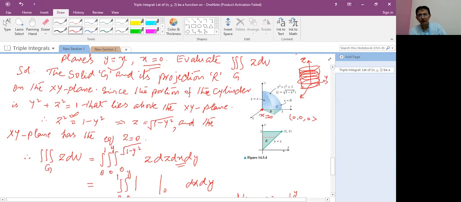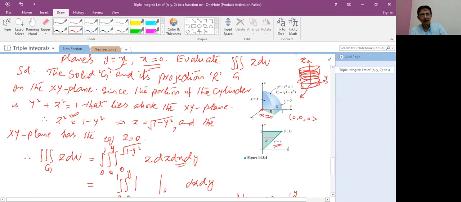So we will consider when x and y are both 1, 1. If you put x as 1, it means y is equal to 1, right? Y is equal to x means it is a straight line. So this part is called the region.